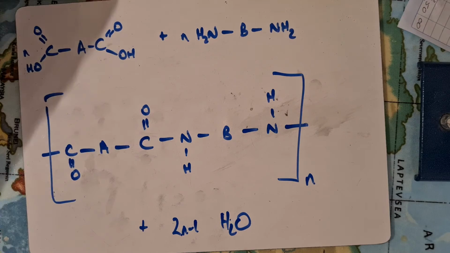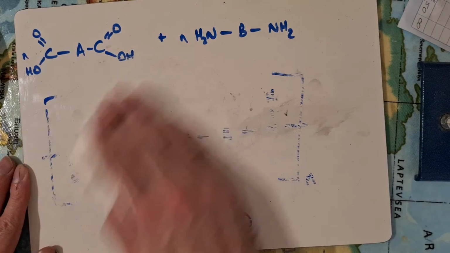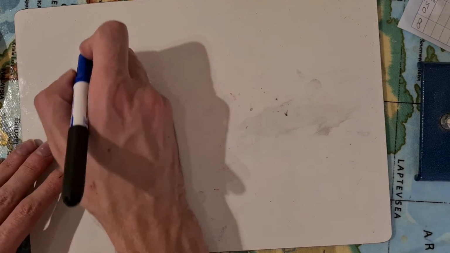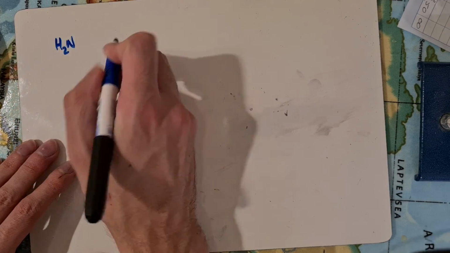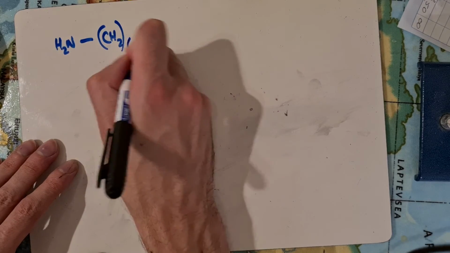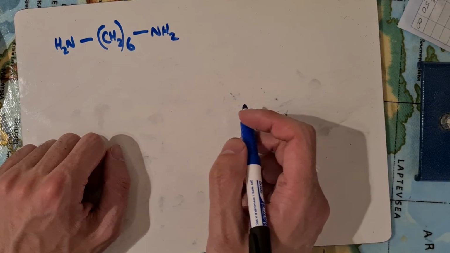Then we've got formation of nylon 6,6 from the reaction between 1,6-diaminohexane and hexanedioyl chloride. What I'm going to do again is draw the general structures for them, and then you can finish off in your booklet what the product would be. So 1,6-diaminohexane is H2N bonded to 6 CH2s all in a row, and on the other side we've got an NH2.